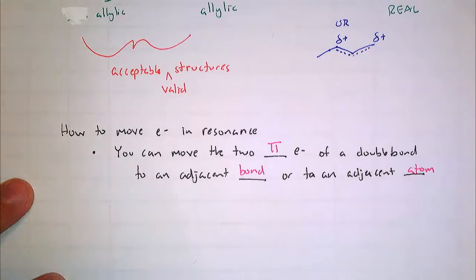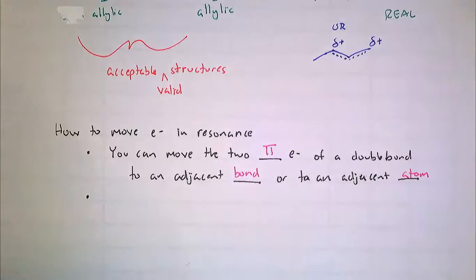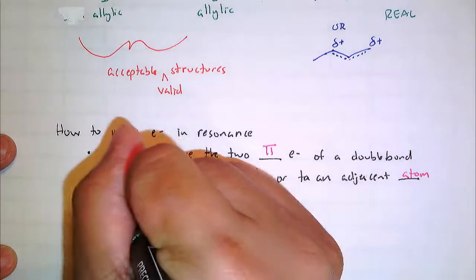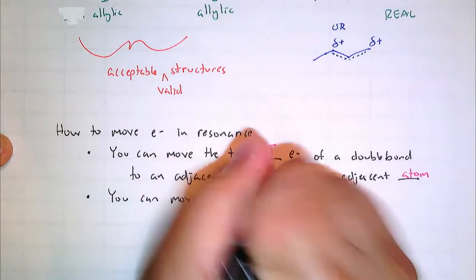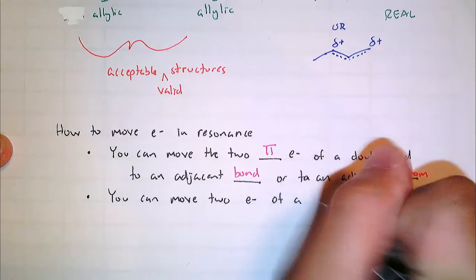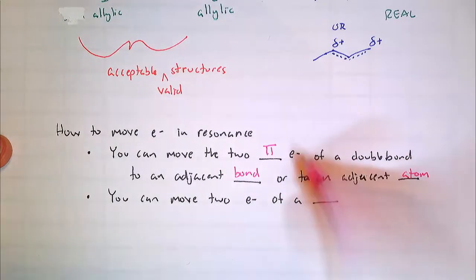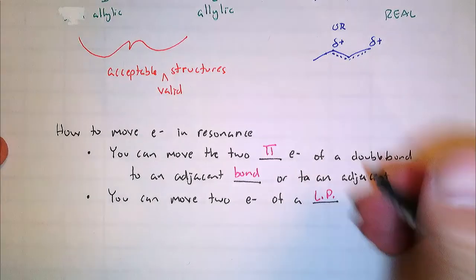Okay. Second bullet point. You can move 2 electrons of a lone pair only to an adjacent bond.